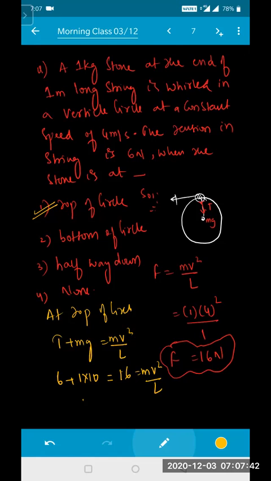At the lowest position, we will be getting maximum tension. Got it? So at the bottom, tension is maximum, and V is not equal to 0.